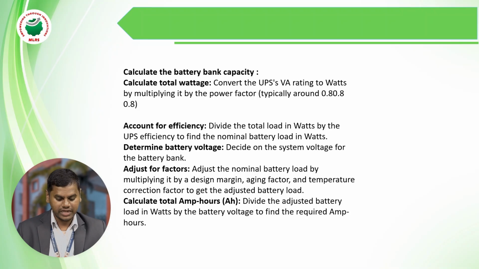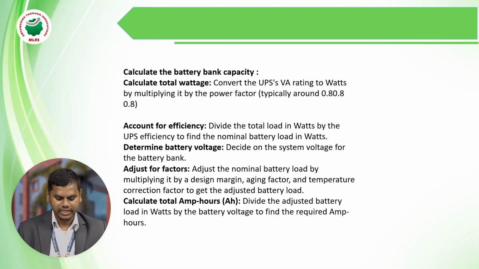Next, determine the battery voltage, deciding on the system voltage for the battery bank. Then adjust for factors: multiply the normal battery load by a design margin and aging factor and temperature correction to get the adjusted battery load.